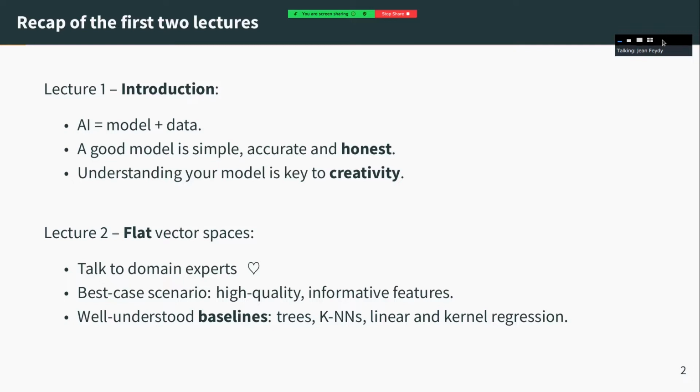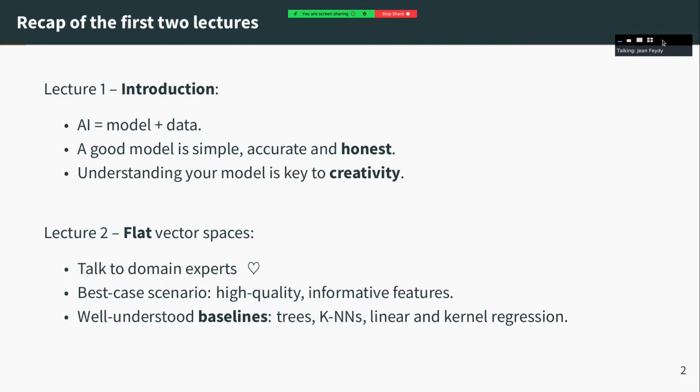Firstly, I would tell you that a good model should be simple and accurate. So usually you have a trade-off, and how far you go towards accuracy to the detriment of simplicity usually depends on your application.